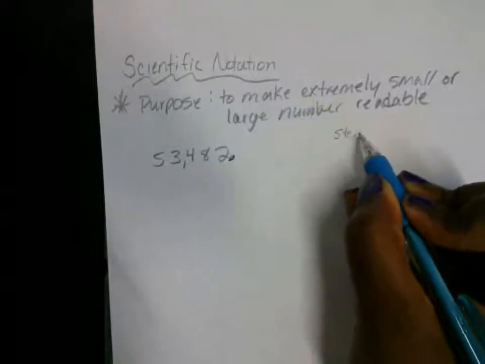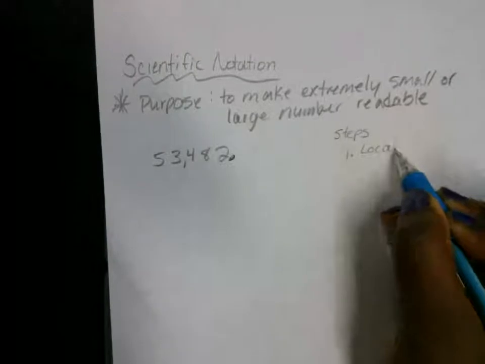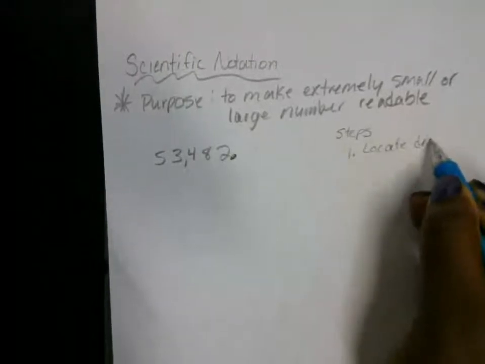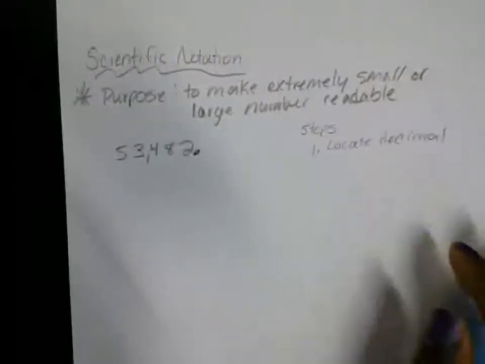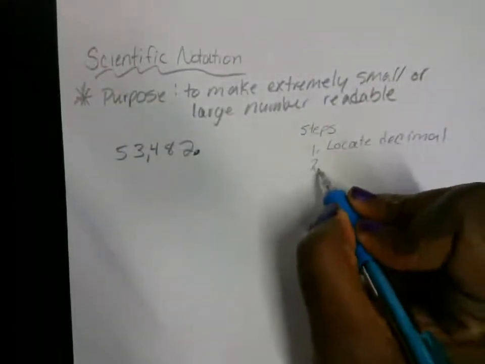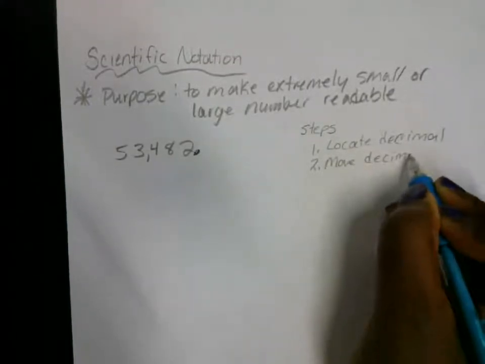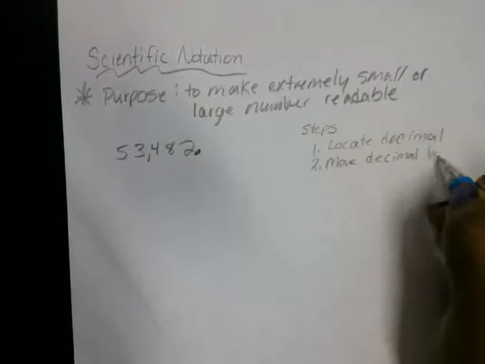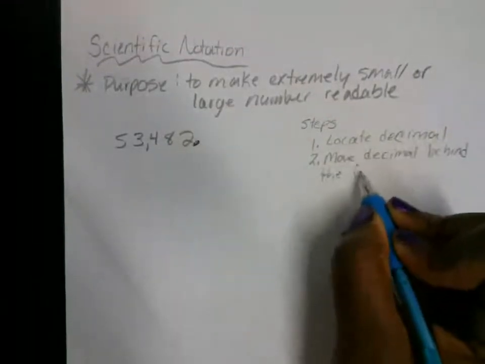All right, so let's do our steps out to the side. Locate the decimal. Okay, the second step is to move the decimal behind the first significant digit. So we're going to move the decimal, wherever that decimal is, behind the first significant digit.